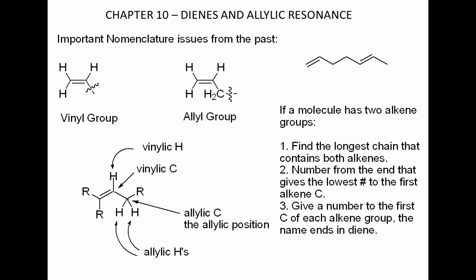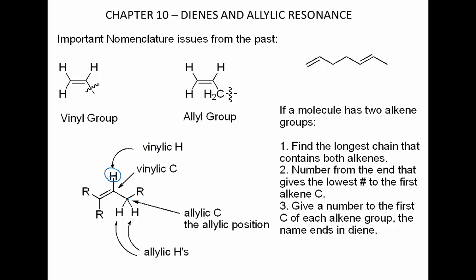This is an sp2 carbon. The sp3 carbon adjacent to a vinylic carbon is going to be called an allylic carbon. And this right here beside the double bond is the allylic position. The hydrogens at this position are referred to as allylic hydrogens. The hydrogens at a vinylic position, like this one, are referred to as vinylic hydrogens.